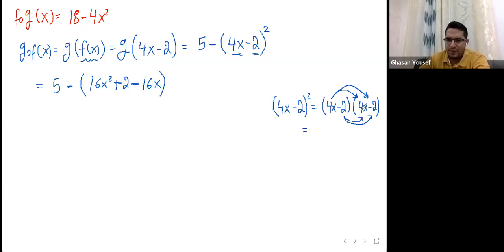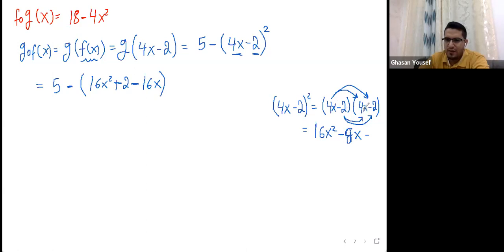So 4x times 4x is 16x squared. 4x times minus 2 is minus 8x.